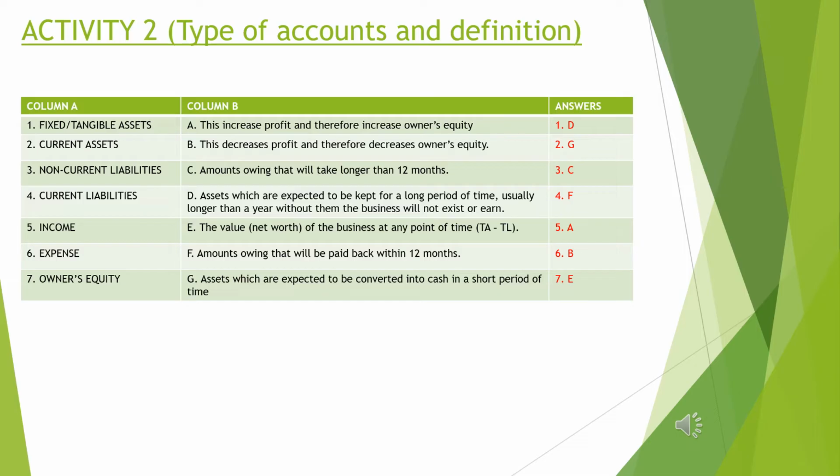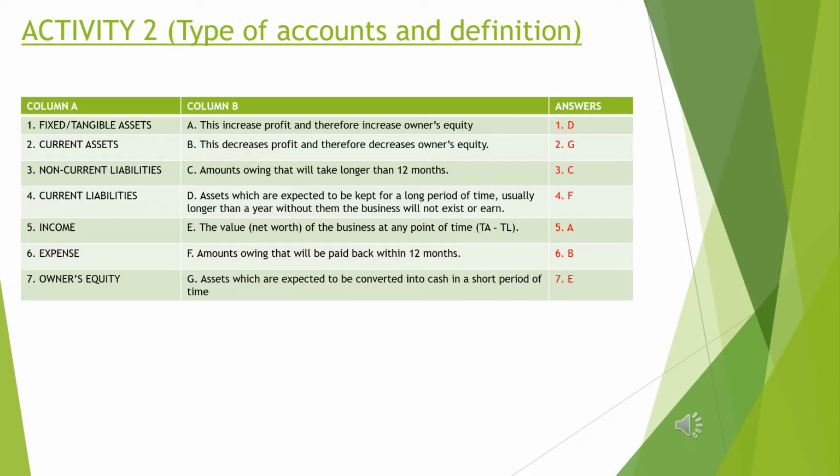By present obligation, I'm referring to a situation where, as a company, we are currently aware that we are owing a particular creditor. That is the first clue, amount owing. Then the second clue is that it will take longer than 12 months, meaning this present obligation is beyond the financial year, beyond the accounting period.